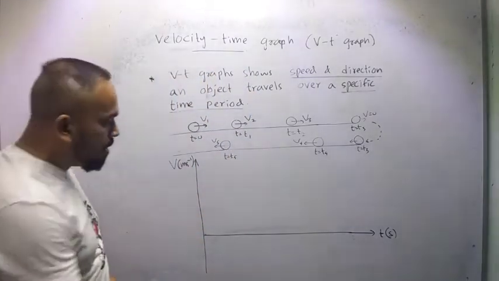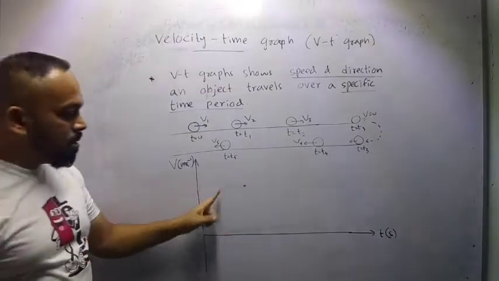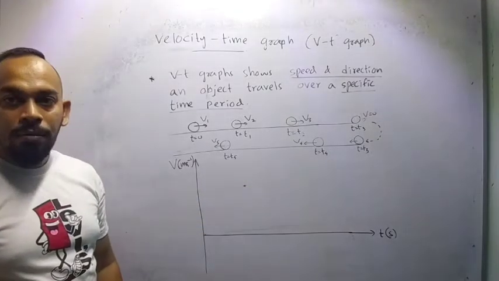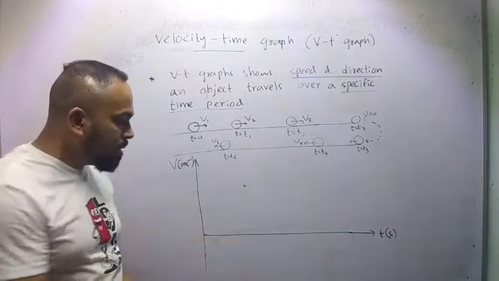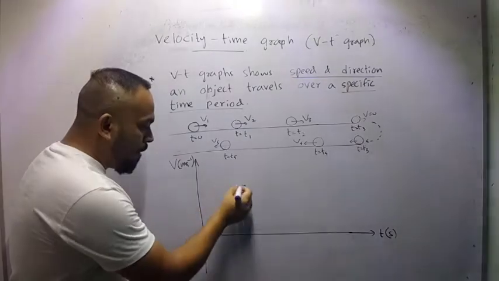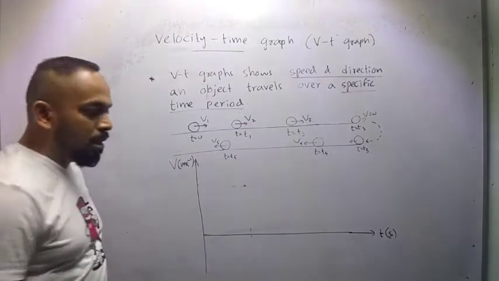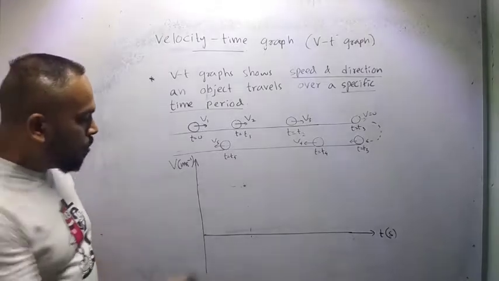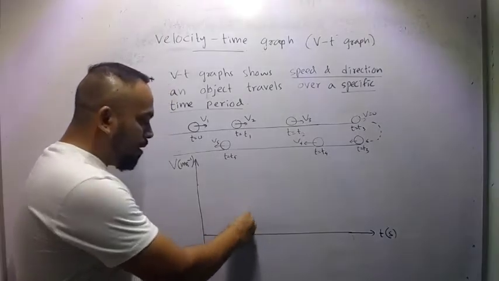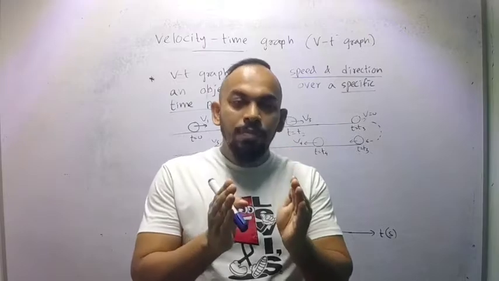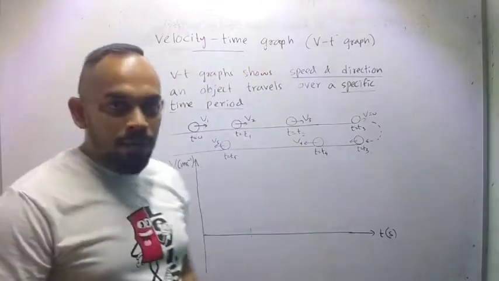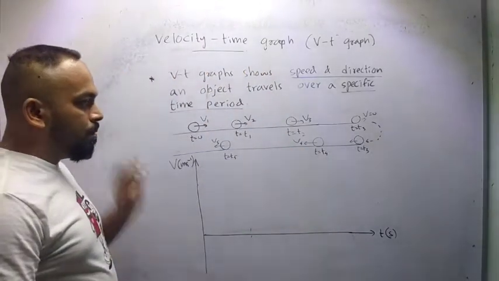Each point in this VT plane gives you the velocity of a particle at a specific time, right? So if you know the velocity of a particle at a given time, then you can draw a VT diagram. So this is an example.